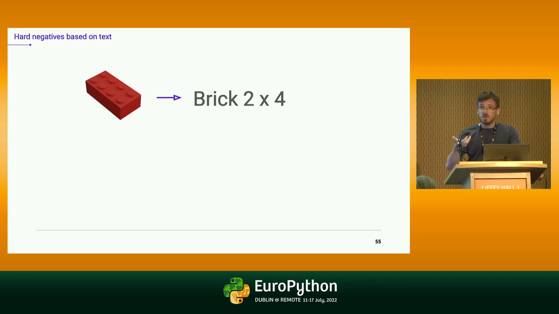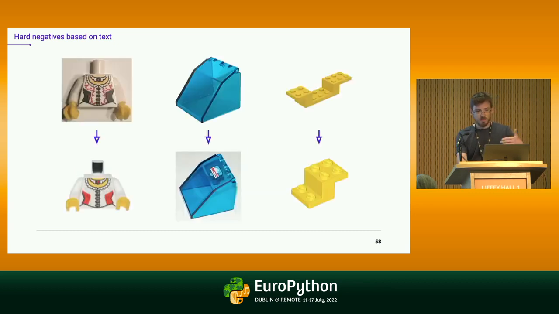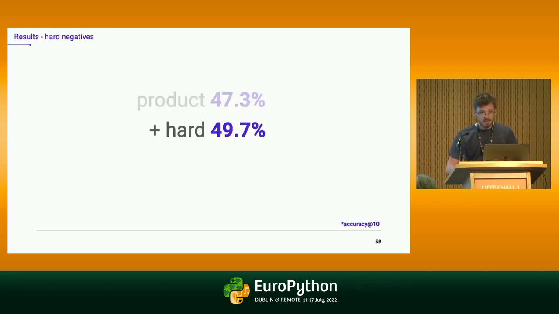Well, for each part, we have a name, and we can search for a part with a similar name. For example, for brick 2x4, a similar one will be Duplo brick 2x4. And we will get a hard negative. These are some examples, and it looks pretty okay, like they are really similar parts. And it actually increases our performance by almost 3%.